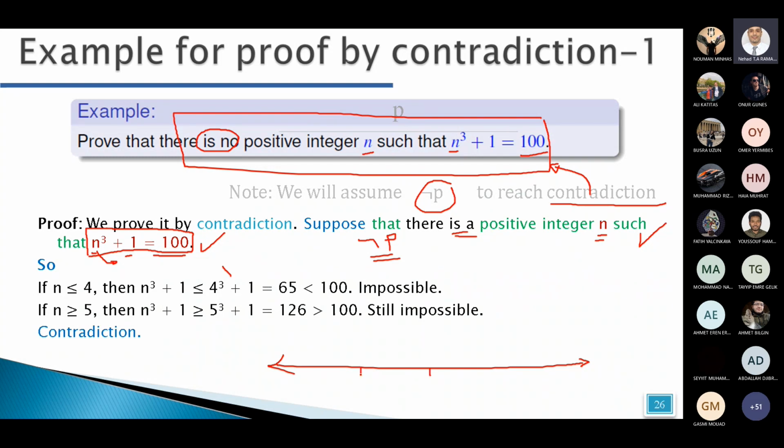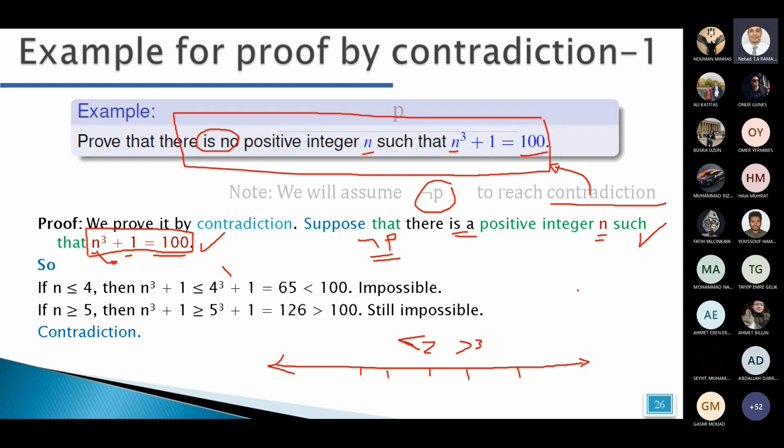For example, any number less than 2 and any number more than 3. This means all the integer values because we don't have a fraction. But if we apply this, we will get a value less than 100. We need to prove that.